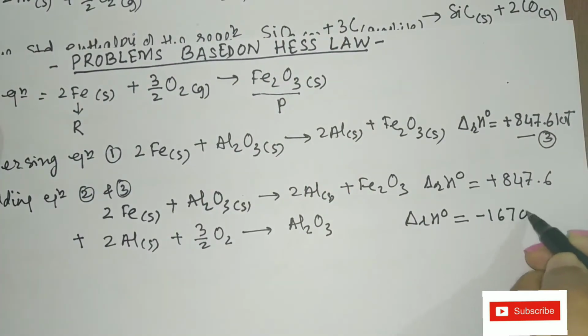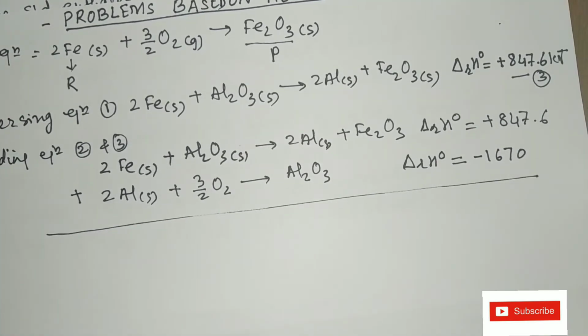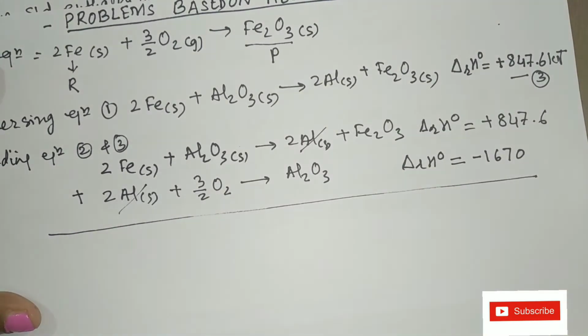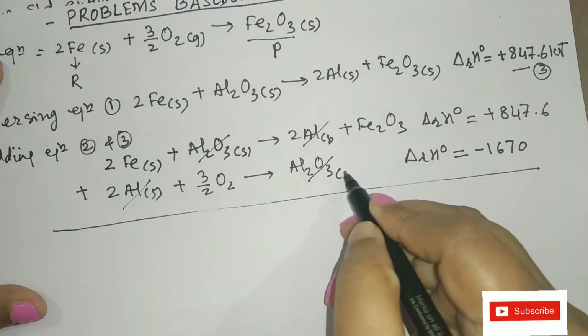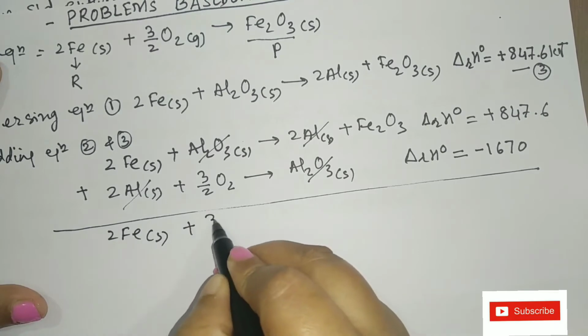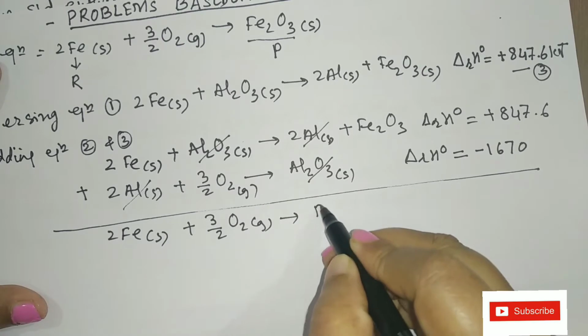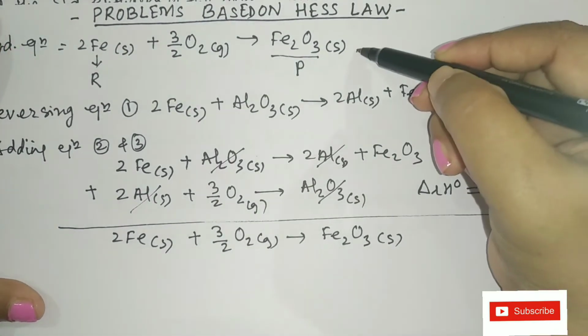So it is 1760. Now I will add the two equations and let us cancel what is common on both the sides. So I will see this aluminium and this will get cancelled. So what I am left with is 2Fe solid plus 3 by 2 O2 gas gives Fe2O3 solid. Check whether I have reached the required equation.